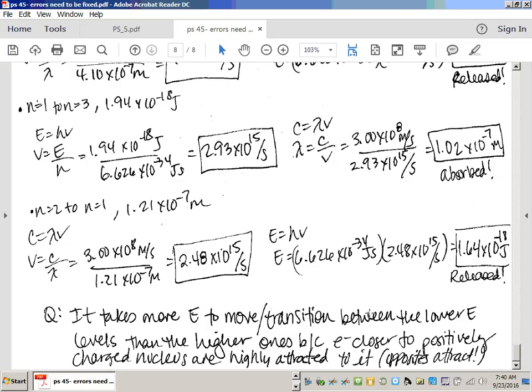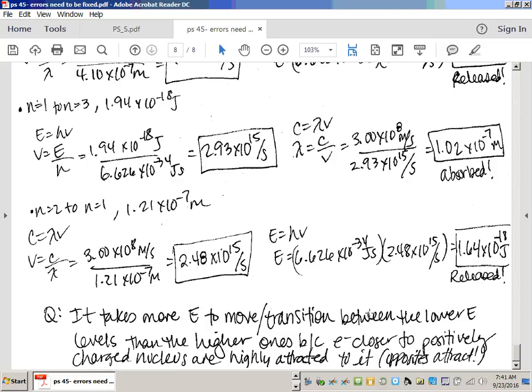If you were considering like the 6 to 5 drop, or the 5 to 4 drop, or the 4 to 3 drop, and so forth, that's not a lot of energy. Even if you look on the board model, their rings are pretty close together. But the biggest drop in energy comes between energy level 2 and energy level 1.